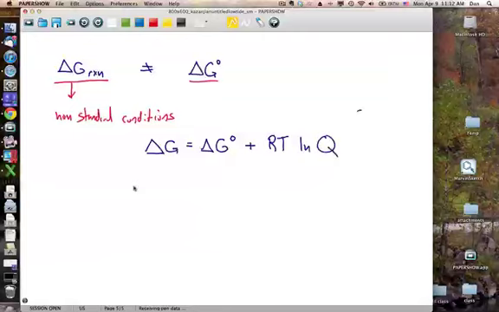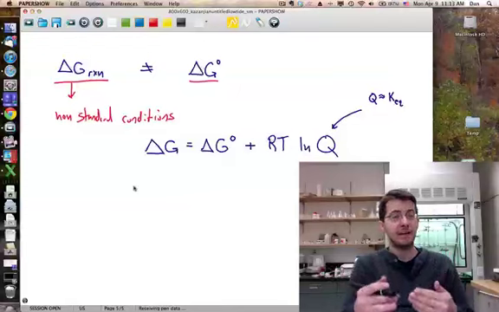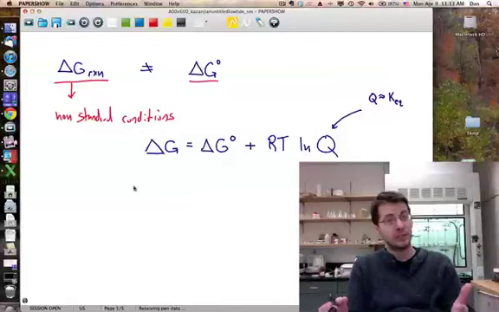Now we've seen Q before. This is our reaction quotient, same form as our equilibrium constant. It relates to the idea of the products over the reactants. We've already seen this in effect in terms of Le Chatelier's principle.